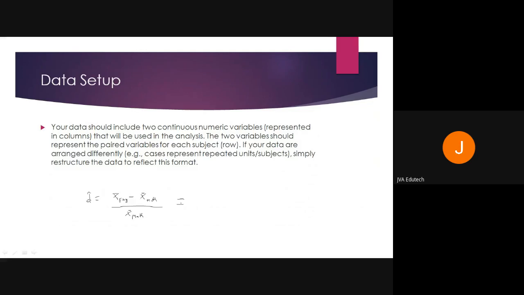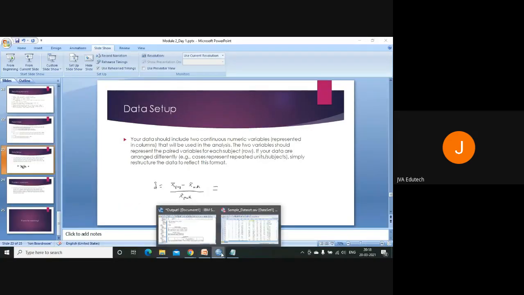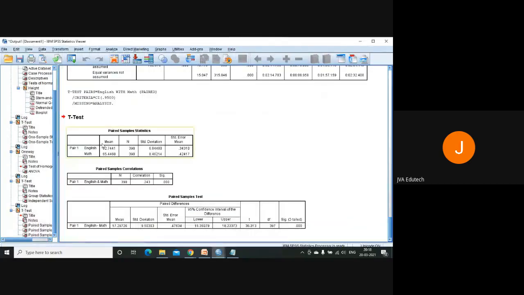So what is the mean of the first variable? If you see the table, x bar 1 is 82.74 and x bar 2 is 65.44.